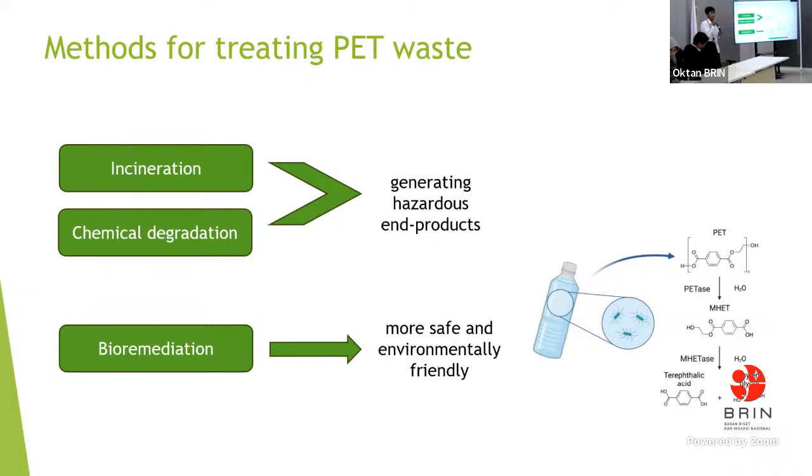So we need to find an alternative way, a safer and more environmentally friendly approach. There is an alternative called bioremediation, using enzymes produced by microbes, such as fungi and bacteria, that could degrade this plastic, PET, into its monomers.